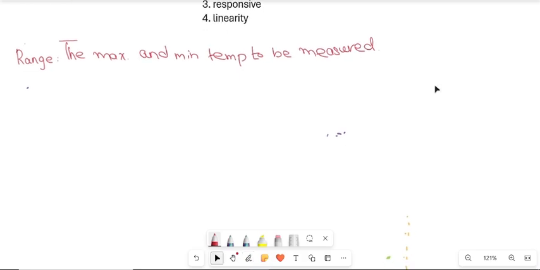Next, let's look at the word responsive. What do we mean by responsive? How quickly a thermometer registers changes in temperature.